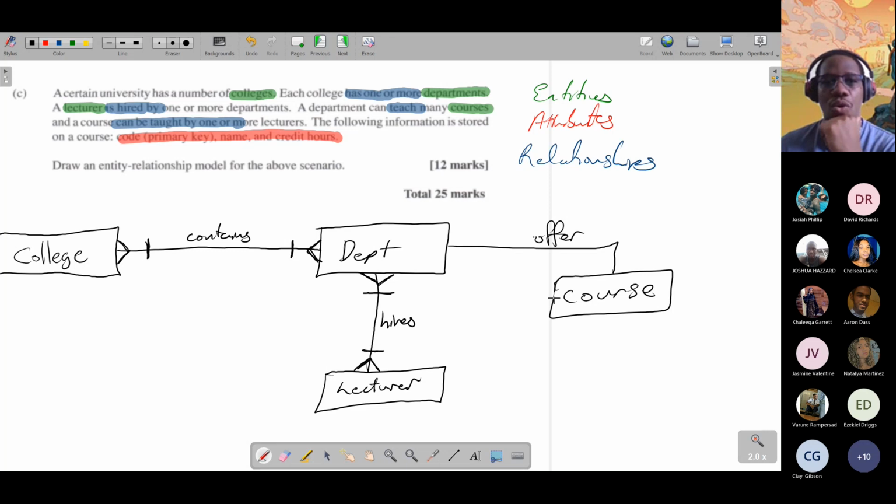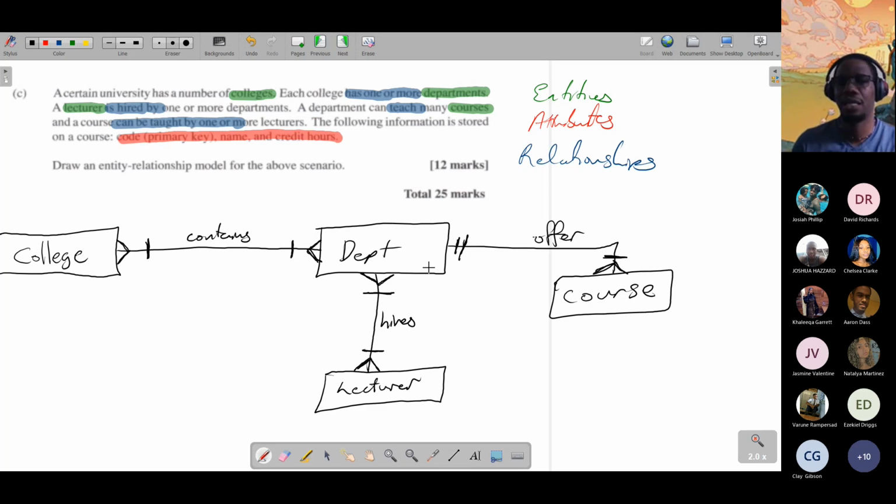A department has to offer at least 1 course, and a department will offer many courses. When we read this back, a course is offered by a department. A course should belong to 1 and only 1 department in my eyes. This is an assumption that I am making. The departments North English and South English might have their courses, but you can't really have a course within a department in 2 separate places.